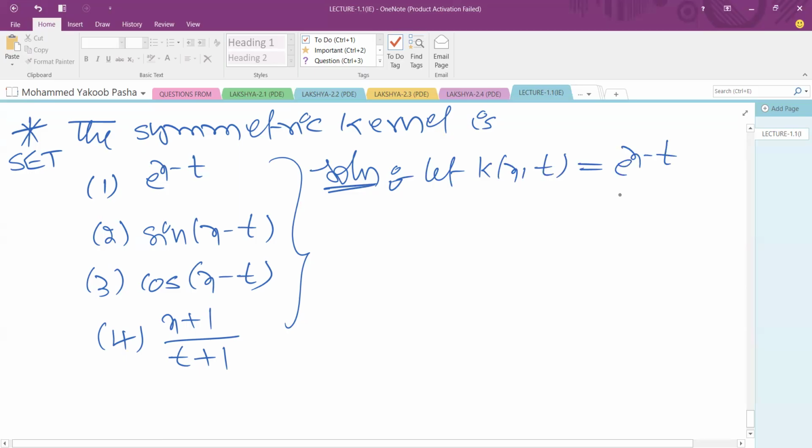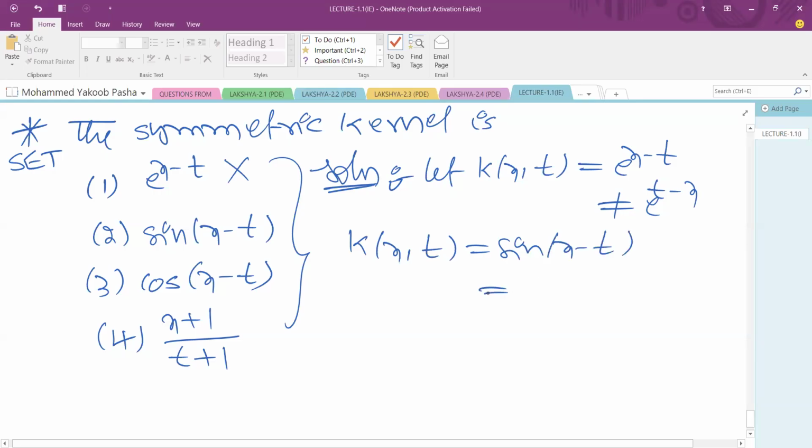This can never be equal to e to the power of t minus x, so it is not the right option. If you take k of x comma t is equal to sin x minus t, taking minus as common, it is minus sin t minus x, so it becomes minus k of t comma x. In this case, it is called a skew symmetric kernel.